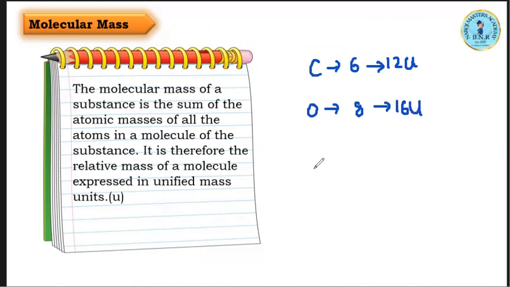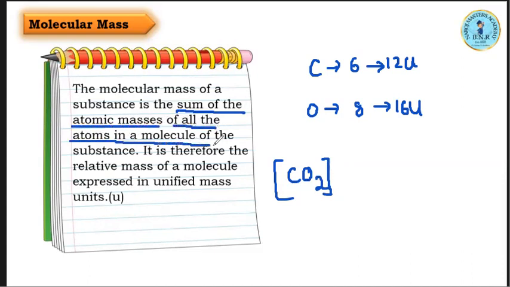Then the question is, find the atomic mass or molecular mass of carbon dioxide. CO2 is carbon dioxide. As per the statement here, the molecular mass of a substance is the sum of the atomic masses of all the atoms in a molecule of the substance.